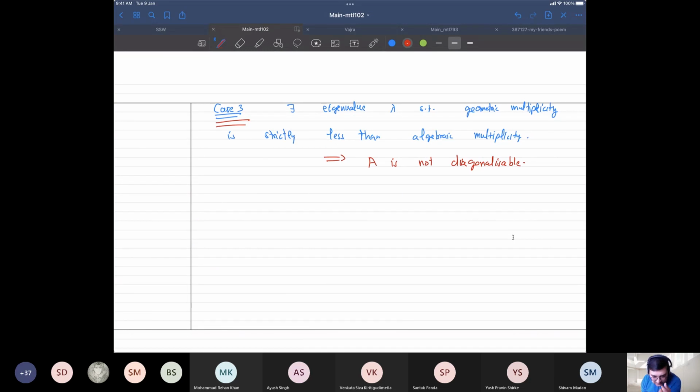So in this case 3, what happens? Of course you will have immediately one linearly independent solution. Because lambda is an eigenvalue, there exists at least one eigenvector.